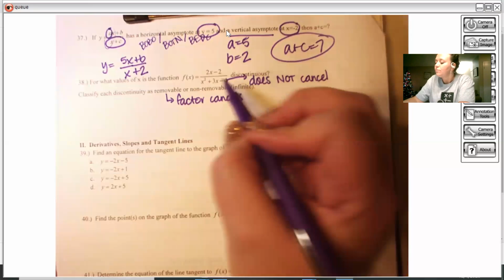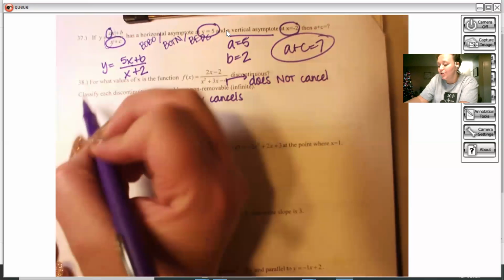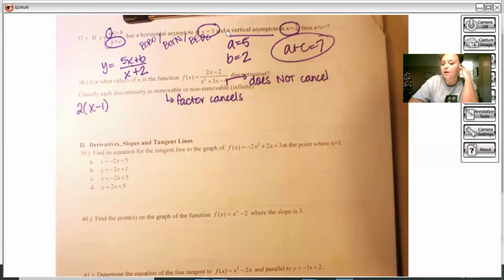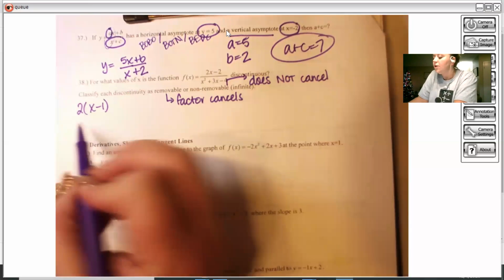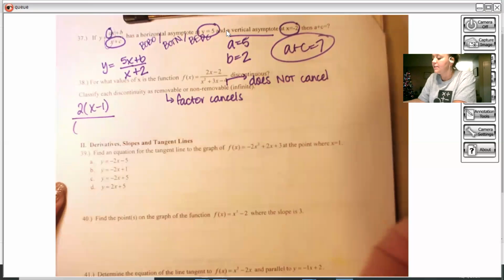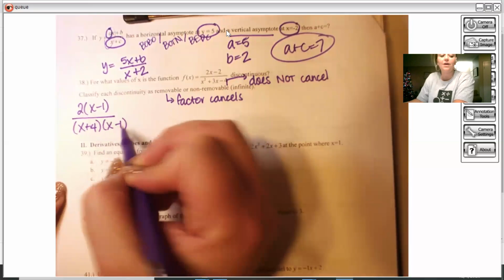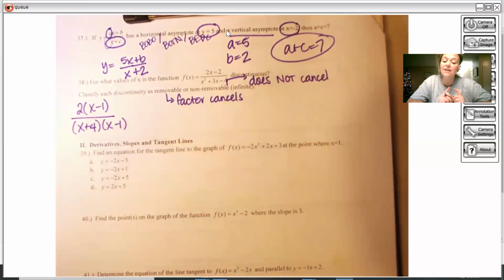So from the top here, I can take a 2 out. So that's going to leave me with an x minus 1. Okay, then from the bottom, I need numbers that multiply to -4 and then add to 3. So I could do x plus 4 and x minus 1. Then from there, you're going to realize that your x minus 1's cancel out.